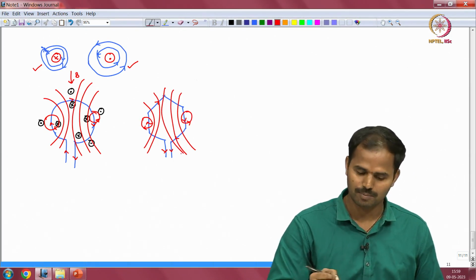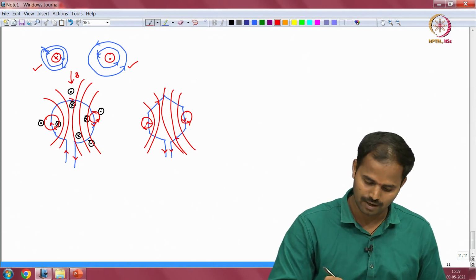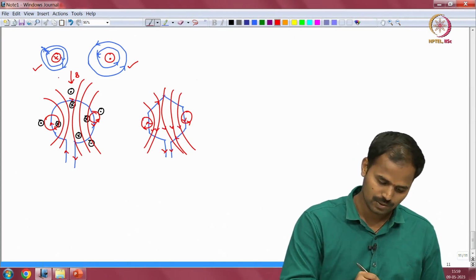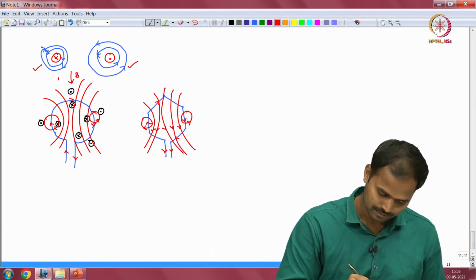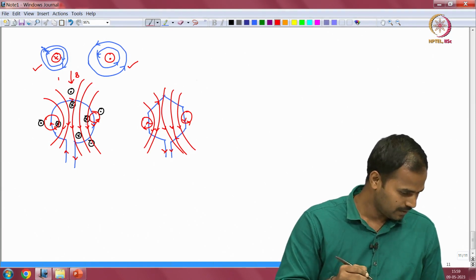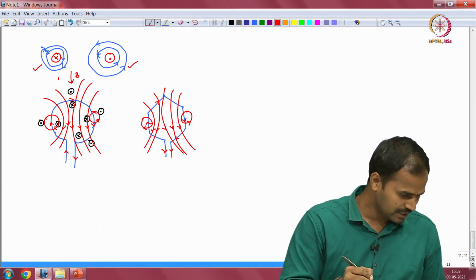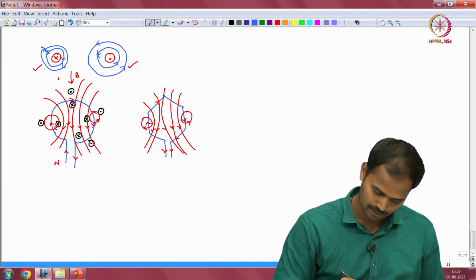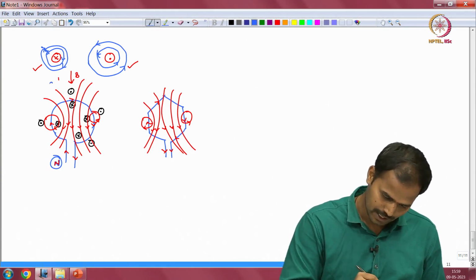Just apply the thumb rule and identify how the flux lines are flowing. So on this side, these flux lines are flowing in this manner, right? So this side is the north pole and this side is the south pole.